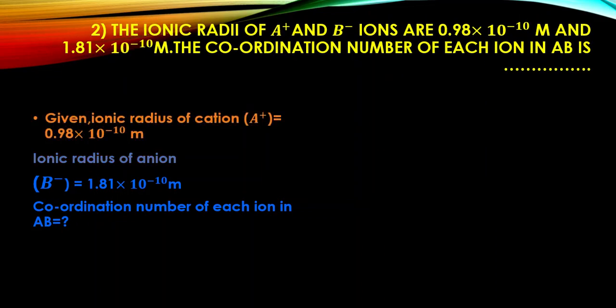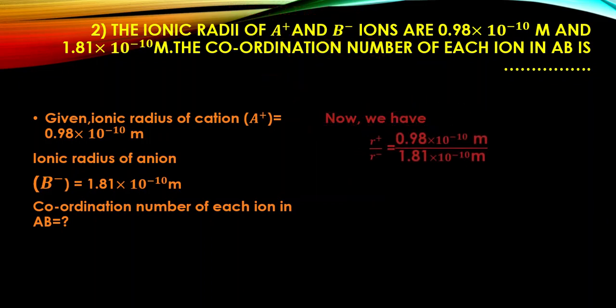At first, we have R plus by R minus, that is the ratio of cation and anion, is equal to 0.98 into 10 to the minus 10 meter by 1.81 into 10 to the minus 10 meter, which is equal to 0.5414.